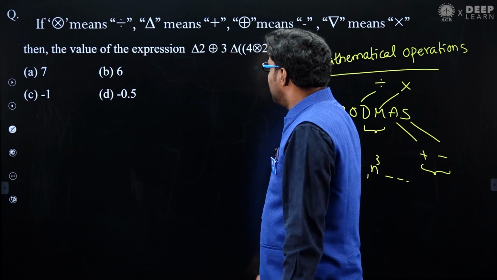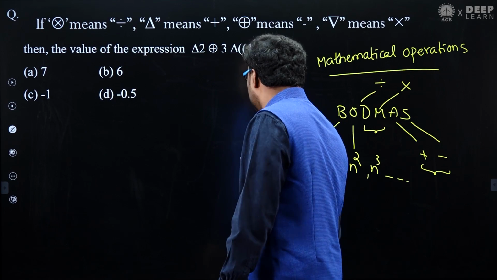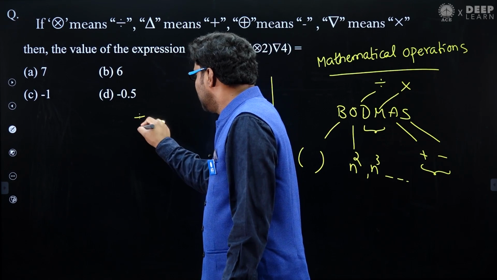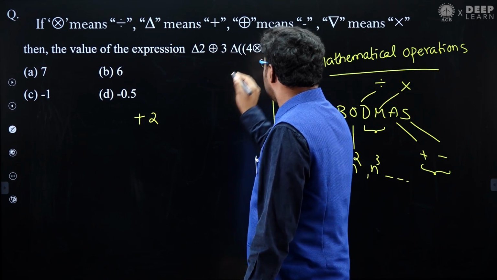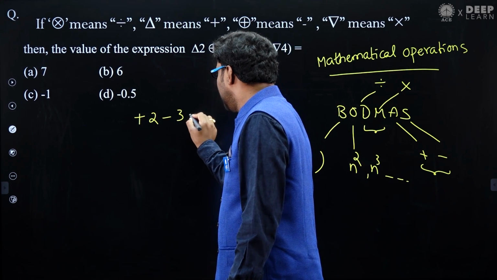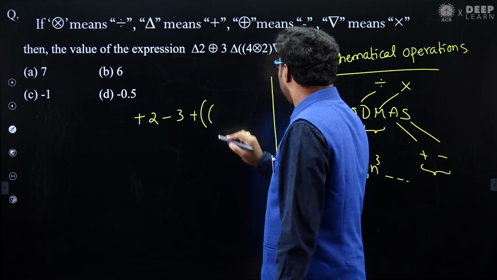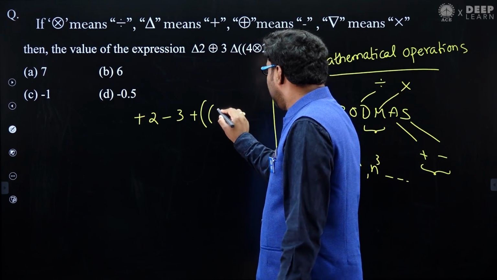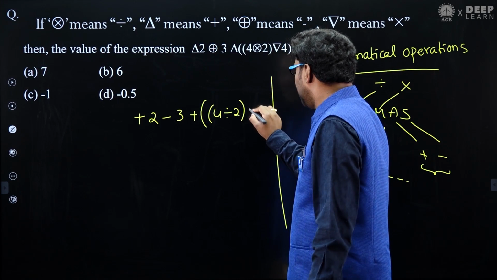Now here, first you change the symbols. As per that, plus 2, because delta is plus, and the circle with plus symbol is minus 3. Again delta means plus. Internally 4 divided by 2, we should perform the division. Then this is multiplication.